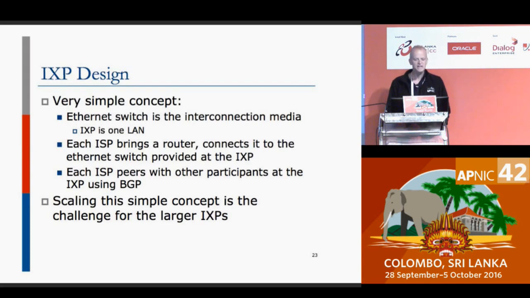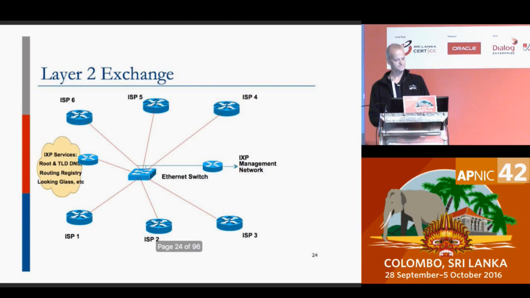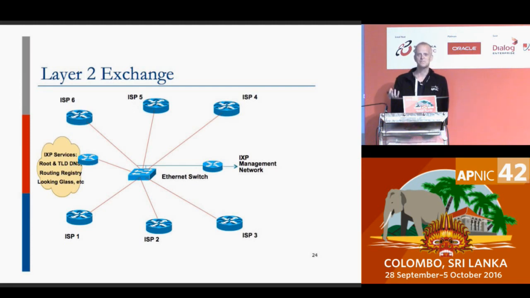We'll look at the scaling of these as we go on through the slides. It would look like this. Okay, and that's a simple diagram from years ago, but it just shows the simple concept. Ethernet switch in the middle. The service providers bring the routers, plug into the switch, and they set up peering between each other across that Ethernet switch.